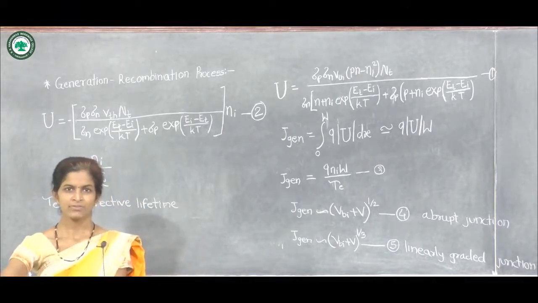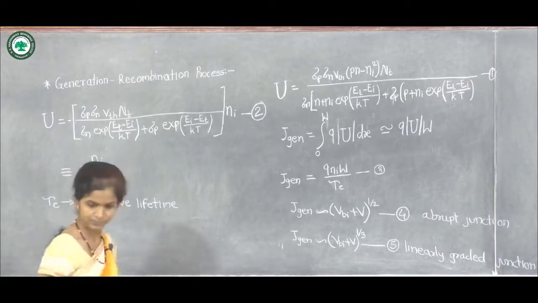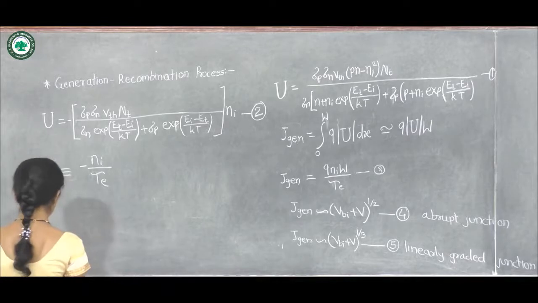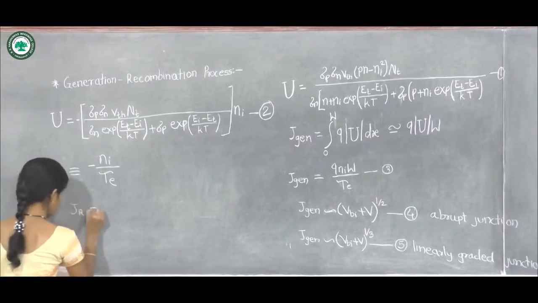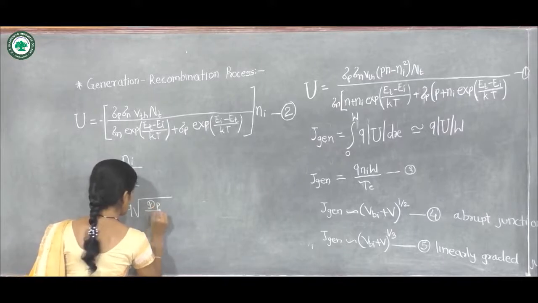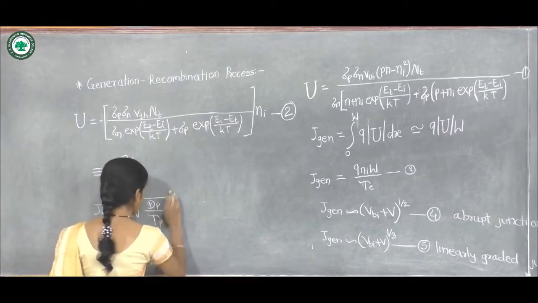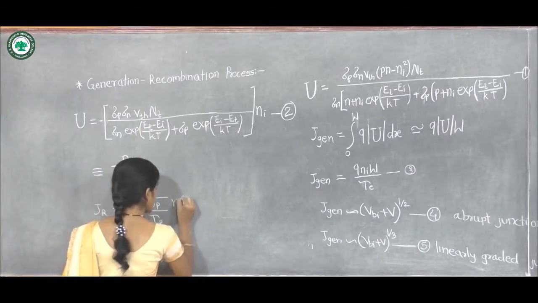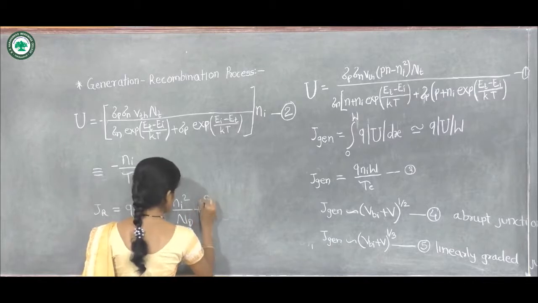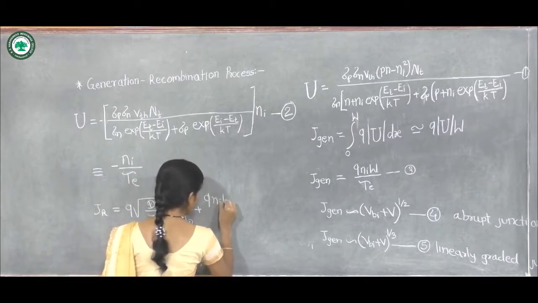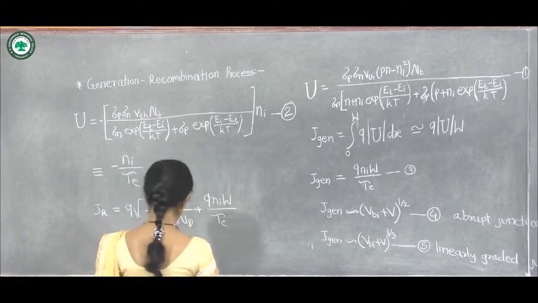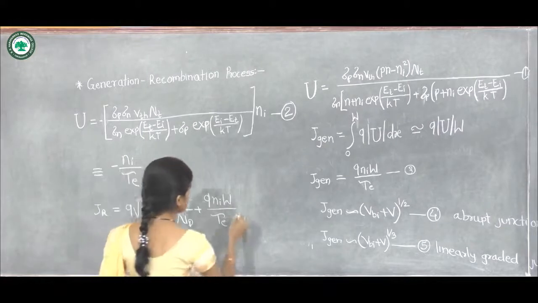So the total reverse current can be given as JR, which is equal to Q into under root Dp upon tau p into Ni square upon Nd plus Q into Ni into W upon tau e. So this is equation number 6.